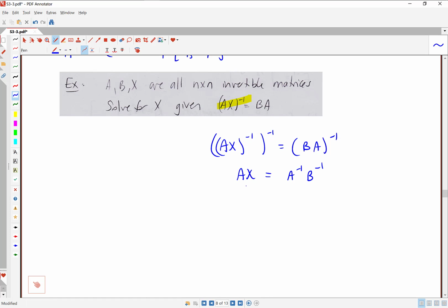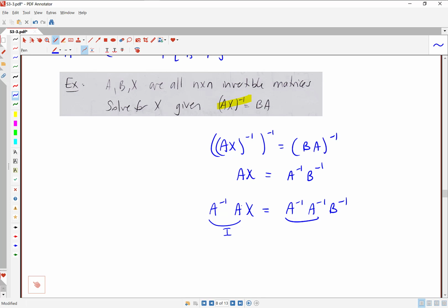Now let's think about how to continue from there. If we want to isolate X, I would think about multiplying by A inverse on the left. So we bring A inverse in on the left, and that means it needs to come in on the left here as well. And we'll try to simplify. So on the left side, A inverse times A is just going to create the identity matrix.